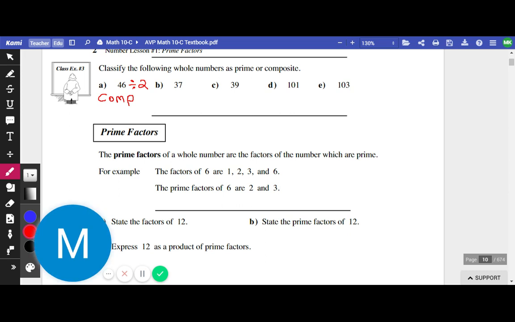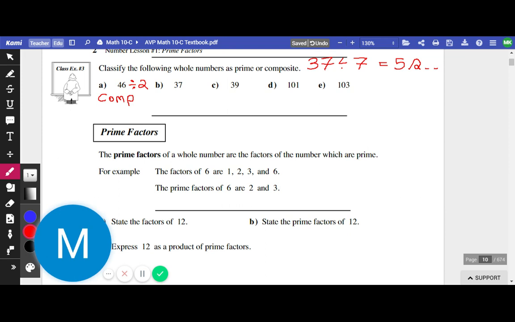Now the reason why I can stop at 7 and I don't have to keep going is because of what my decimal answer is. So when I went 37 divided by 7, I got 5.2 and so on and so forth.